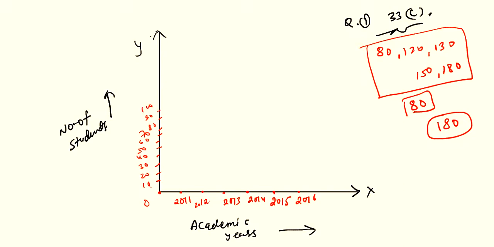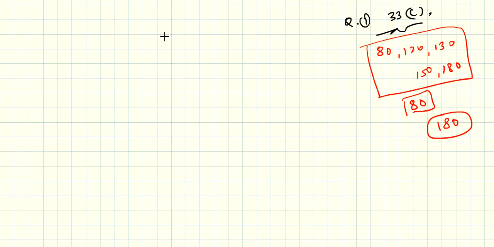Like this you can write. I am just plotting this one. I am solving this question in graph paper. As you can see, we are having graph paper, then from there we are starting.